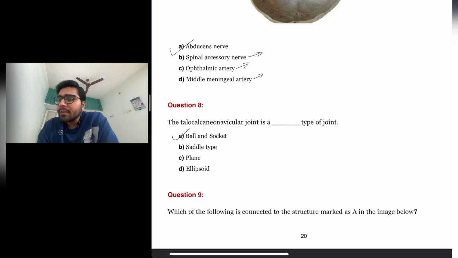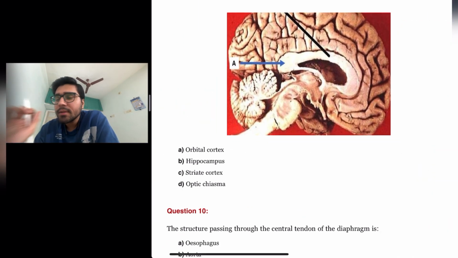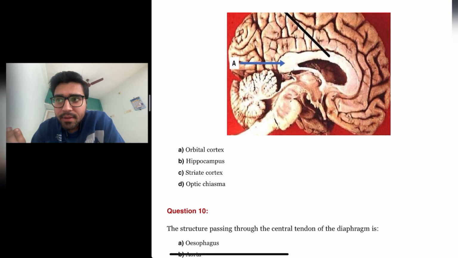Which of the following is connected to the structure marked as A in the image given below? First of all, this is a part of corpus callosum. So let us describe the different parts of corpus callosum.